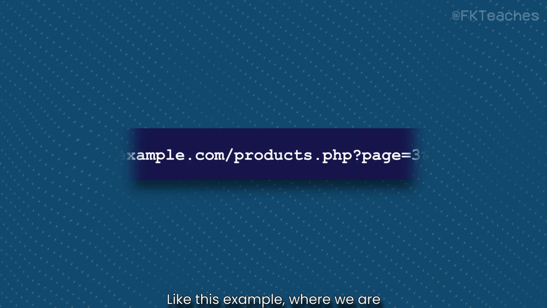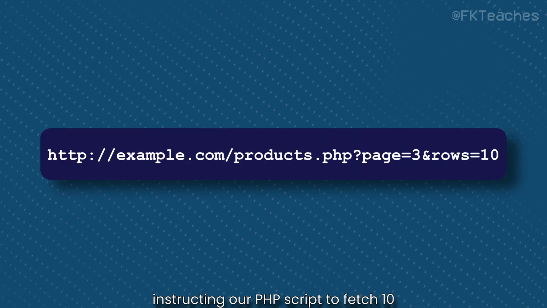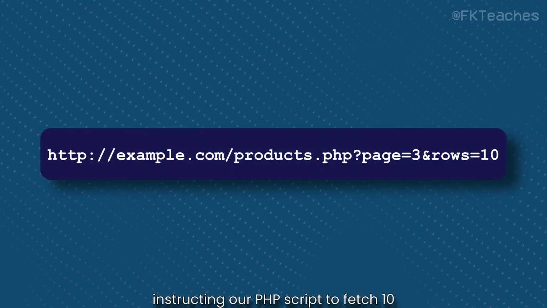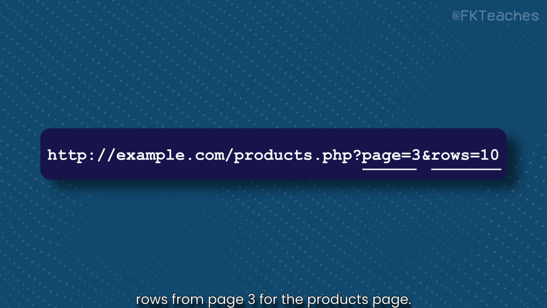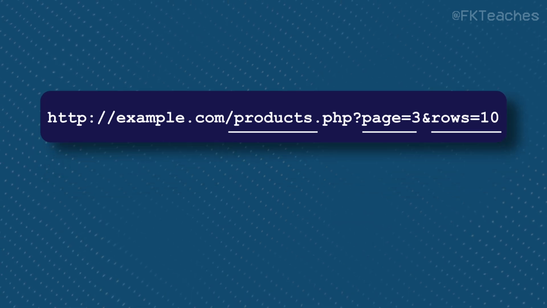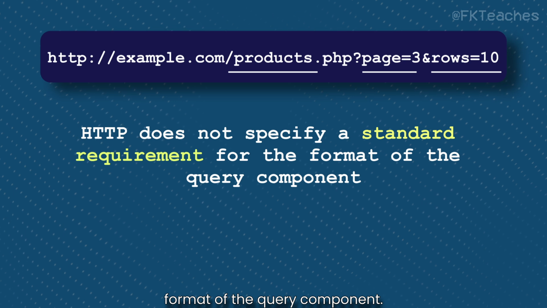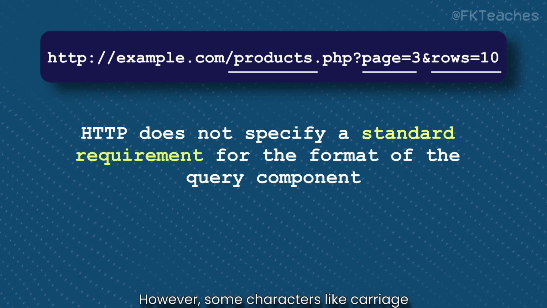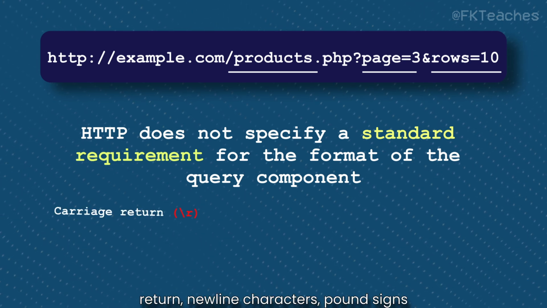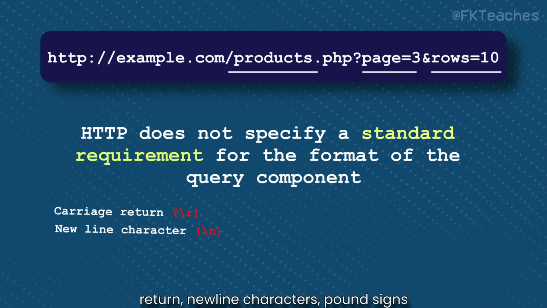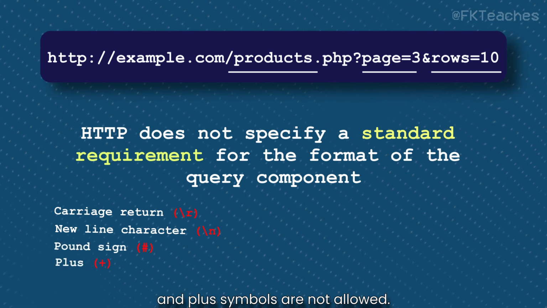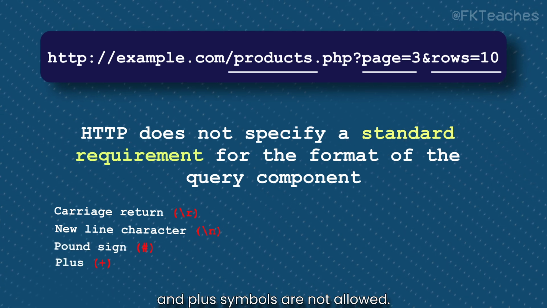Like this example, where we are instructing our PHP script to fetch 10 rows from page 3 for the products page. HTTP does not specify a standard requirement for the format of the query component. However, some characters like carriage return, newline characters, pound signs, and plus symbols are not allowed.